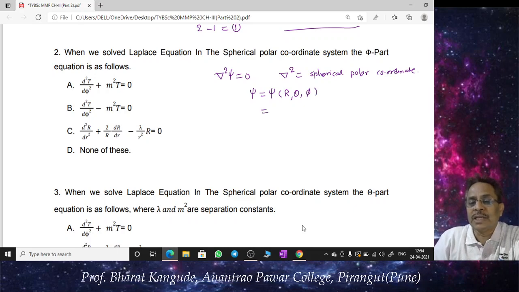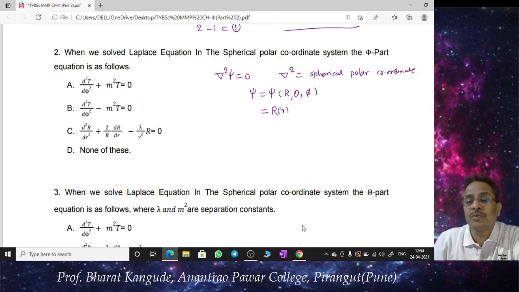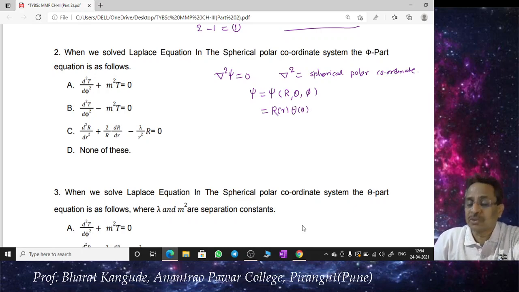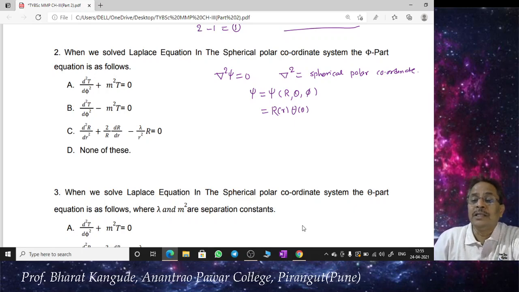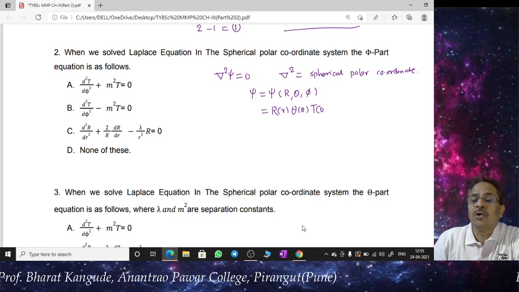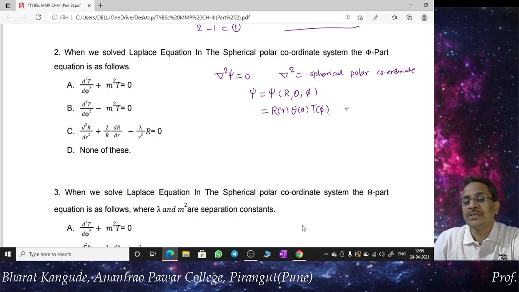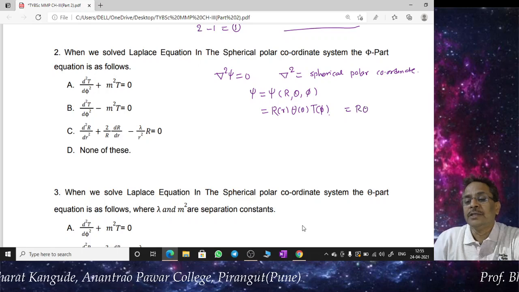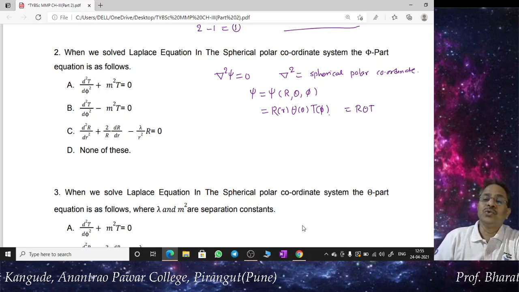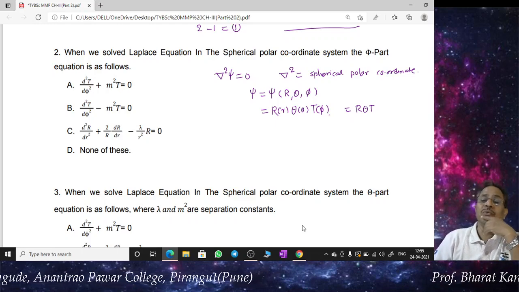We write psi as a function of r, exclusively a function of small r, theta exclusively a function of small theta, and capital phi, or sometimes we use T, a function of small phi. Or we can use r, theta and T. So these are the 3 broad variables that are used there, and we have to use this psi in the Laplace equation and apply the method of separation of variables.